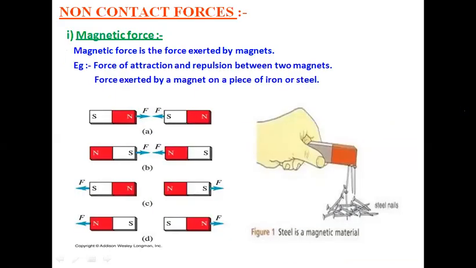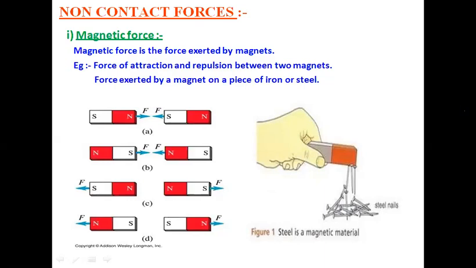Next are the non-contact forces, and we will be starting with the magnetic force. Magnetic force is the force that is exerted by magnetic objects or magnets. For example, the force of attraction and repulsion between two magnets, and the force exerted by a magnet on a piece of iron, are examples of magnetic force.